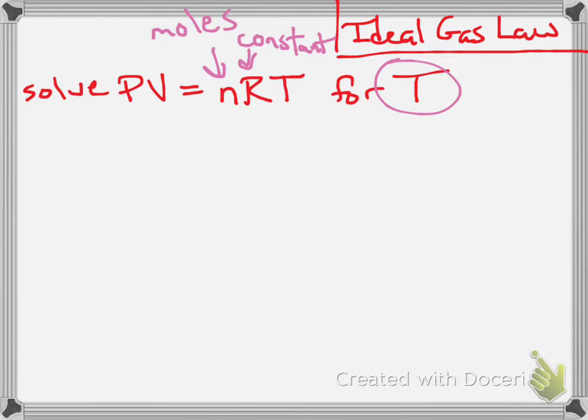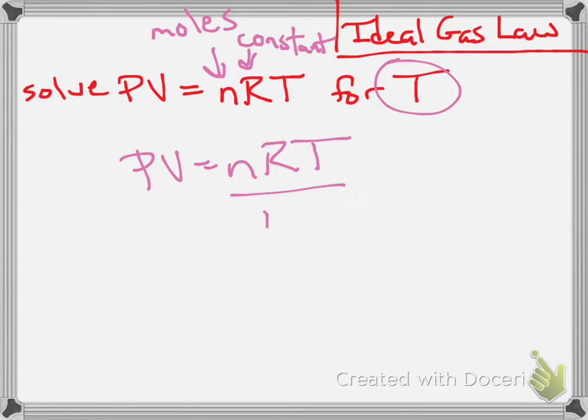So we have PV equals nRT. I'm going to go ahead and rewrite that equation down here just so we have it to work with. And we want to solve for T. And again, we have a situation where we're multiplying everything on the right side of the equation. So in order to get those other two variables, n and R, on the other side, we're going to need to divide.